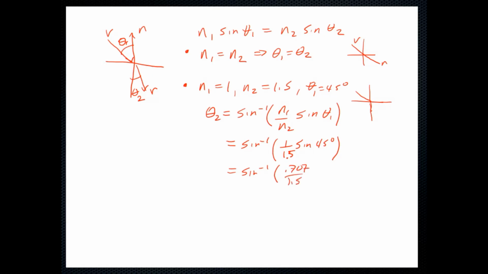Okay, I'll approximate it here, which is approximately equal to sine inverse 0.5, which is 30 degrees. So this is going to come out at 30 degrees. So it's going to slow down in the diamond.